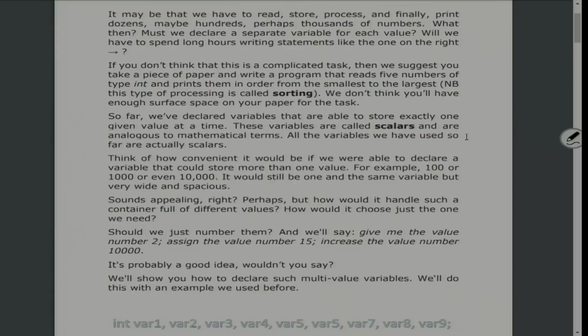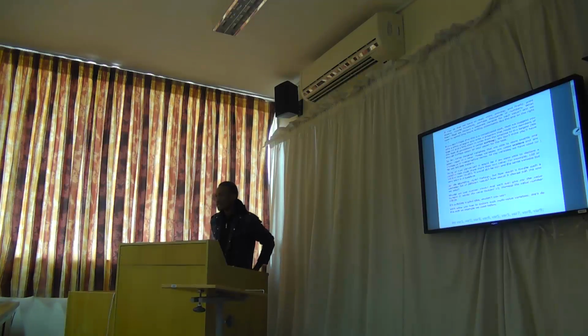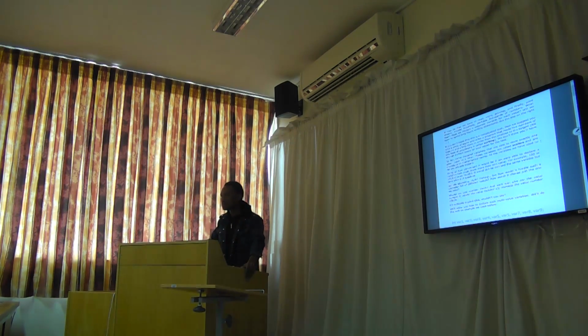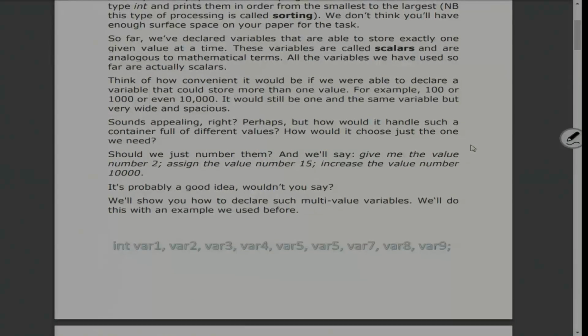So the variables that we have been declaring so far in previous examples, if you declare one value for a variable, that is called a scalar. But sometimes you have to declare multiple variables.